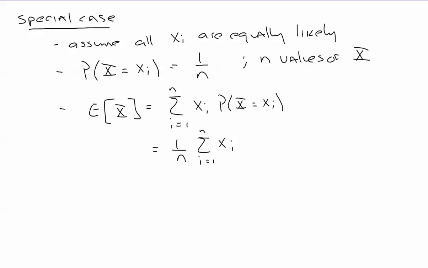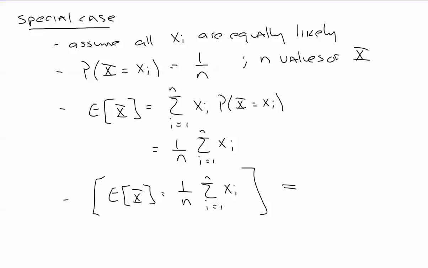Let me summarize it here. For a discrete random variable where all of the possible values are equally likely, this is the way I would find the mean value. This is a limited special case. What I do is I add up all of the values, and divide by the total number of values.